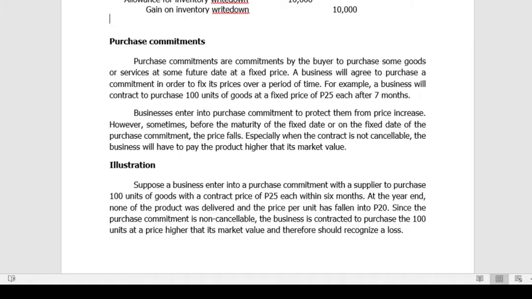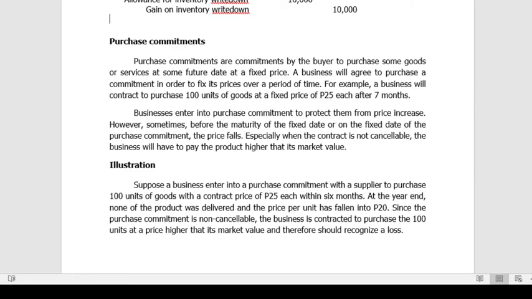Because of the changing prices in the market, an entity is entering into an agreement to purchase a particular number of items or inventory to be able to stabilize the prices.